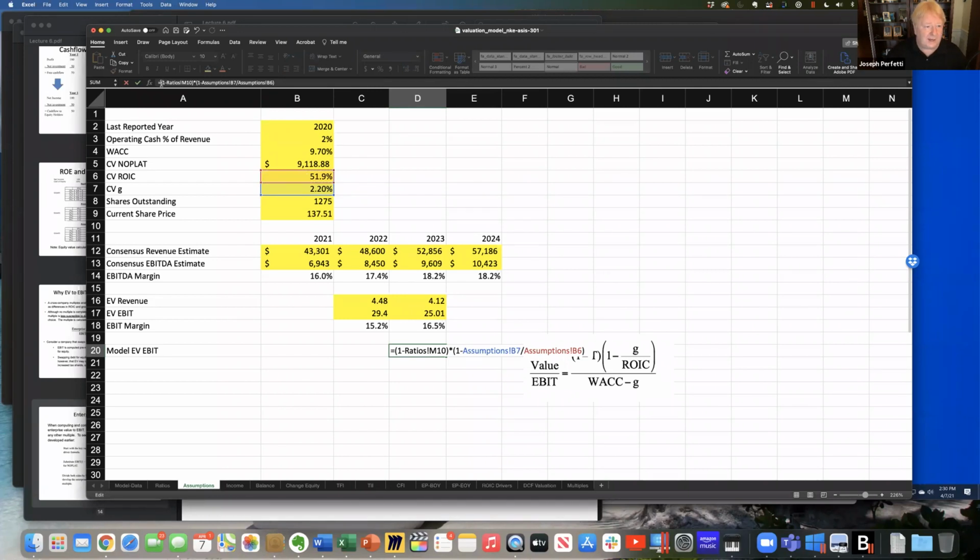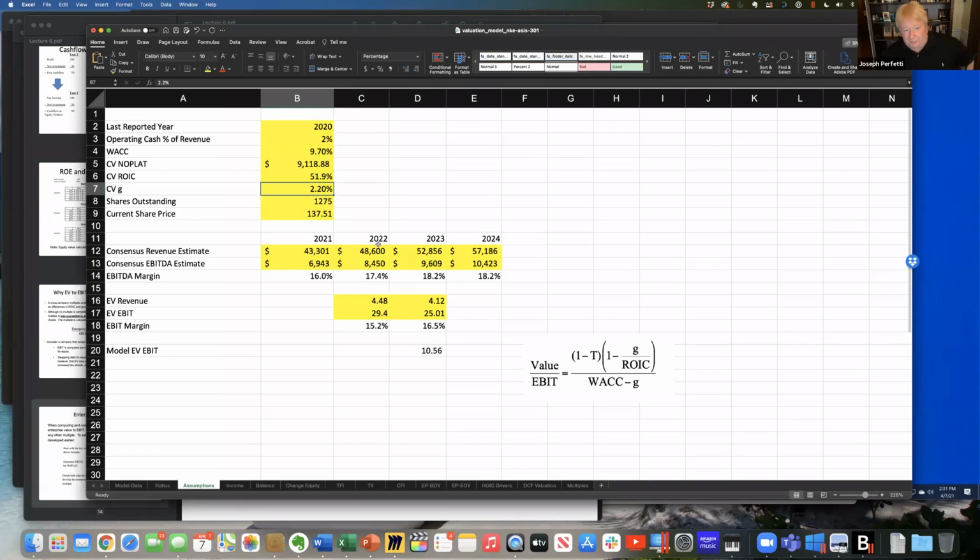Then take all of that and divide it by left parentheses, the WACC, which is B4, minus the G, which is B7, right parentheses. That would get me an EV to EBIT of 10.56, assuming a 2.2% G.